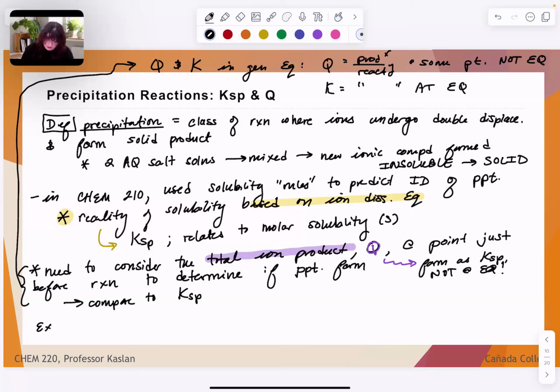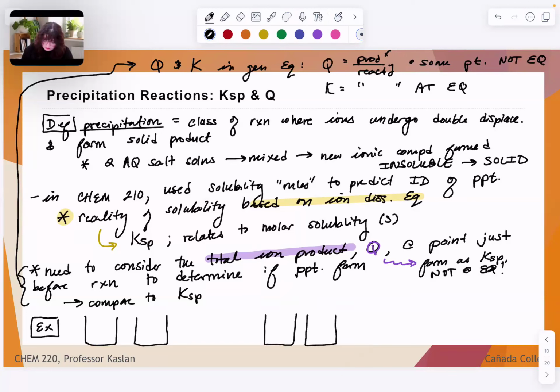So for example, let's look at 3 different reaction scenarios. Here's scenario 1. Here's scenario 2. And here's scenario 3.